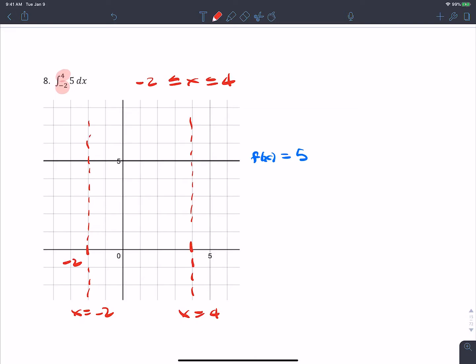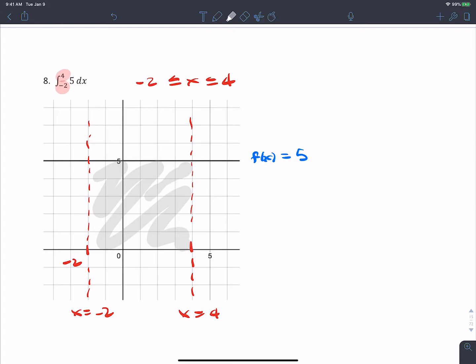Okay. There we go. And what do you guys see here? What is this? Anybody want to tell me what this is? This is what? Isn't that a rectangle?